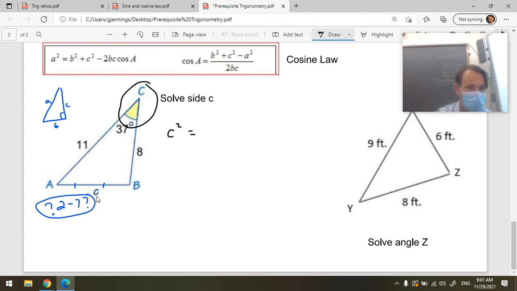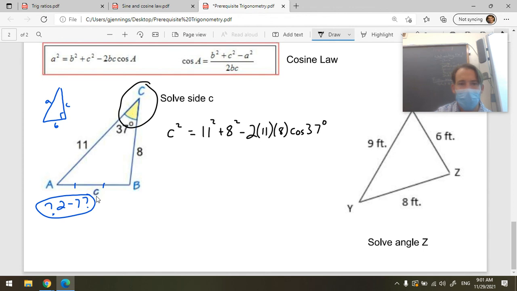And this is equal to 11 squared plus 8 squared minus 2 multiplied by BC multiplied by 11 multiplied by 8 and then multiplied by cosine of 37 degrees. Don't let these letters fool you. They are arbitrary. Here we have this known angle C. It's opposite this unknown side, and that's the side we would like to know.